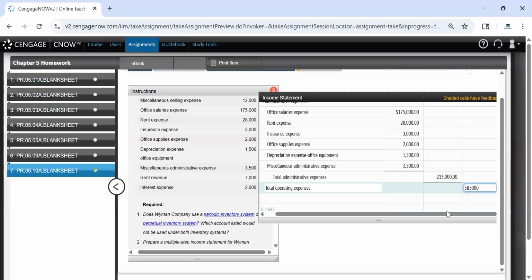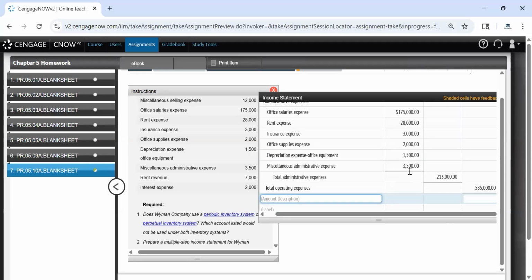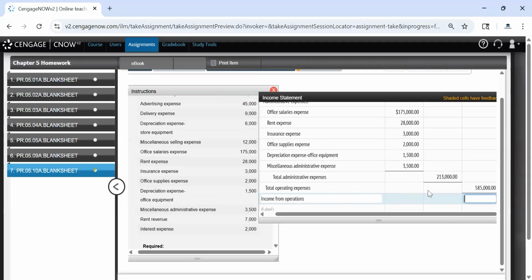We get 585,000. We subtract our operating expenses from our gross profit. We get an operating income, or income from operations is what's in our labels. We get $180,000.